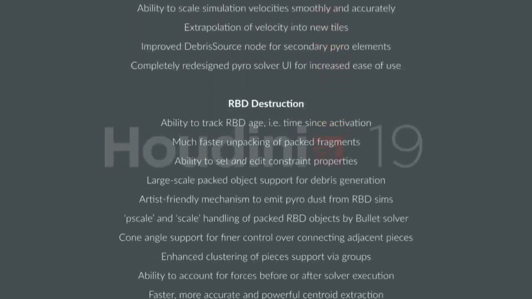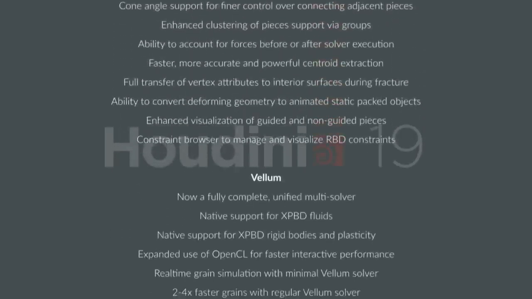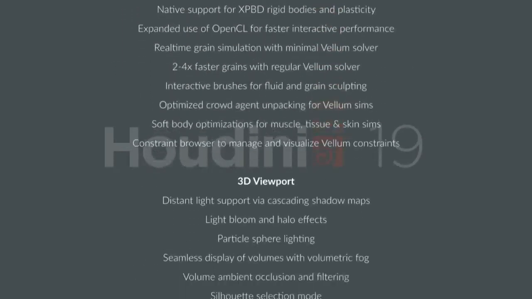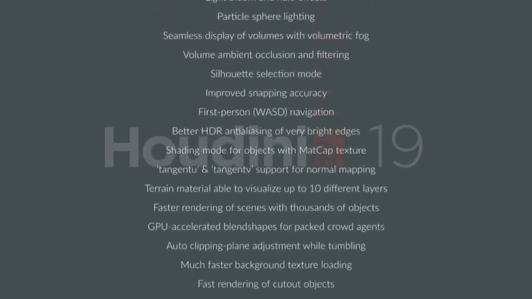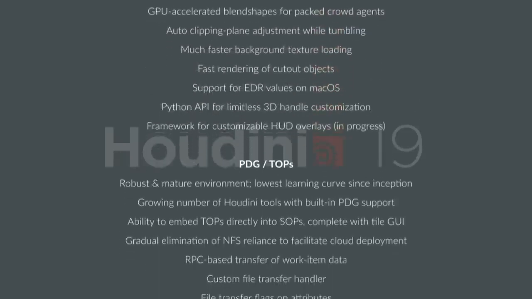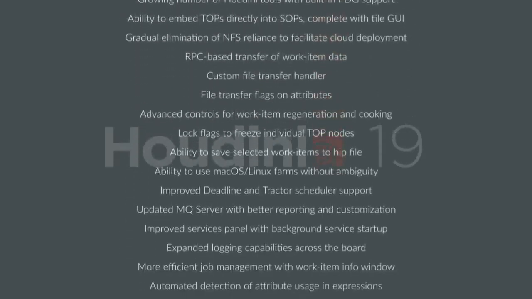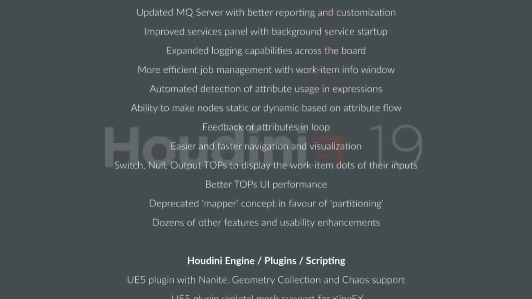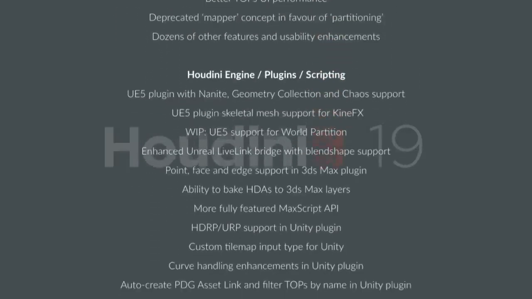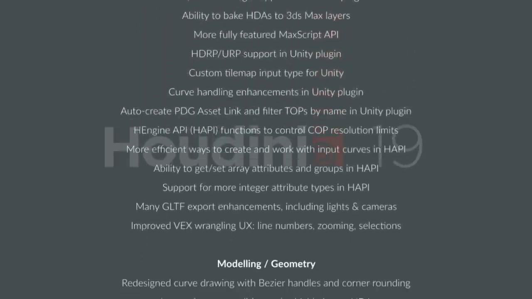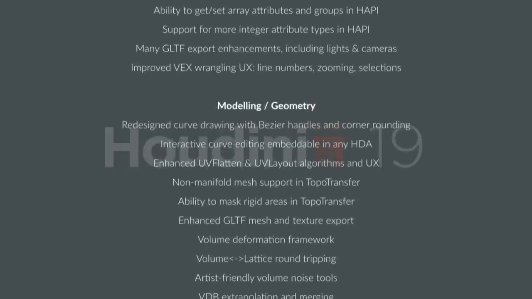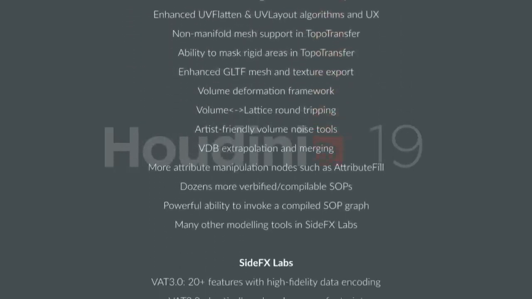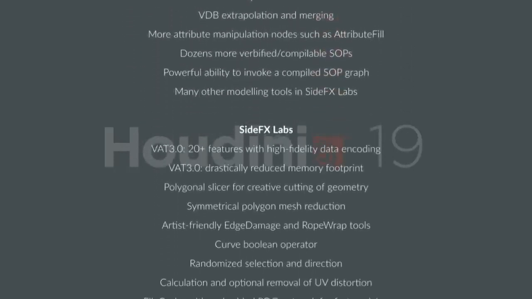If you work on crowds, take a look at the new workflow for geometry layering for crowd agents. And if you're a cloth artist, check out the new constraint browser for ways to easily identify and inspect your seams. The same constraint browser, by the way, that lets a destruction artist figure out the constraints happening, evolving between breaking fragments.